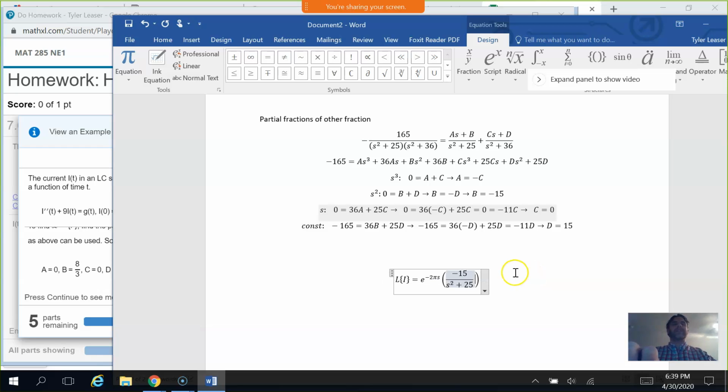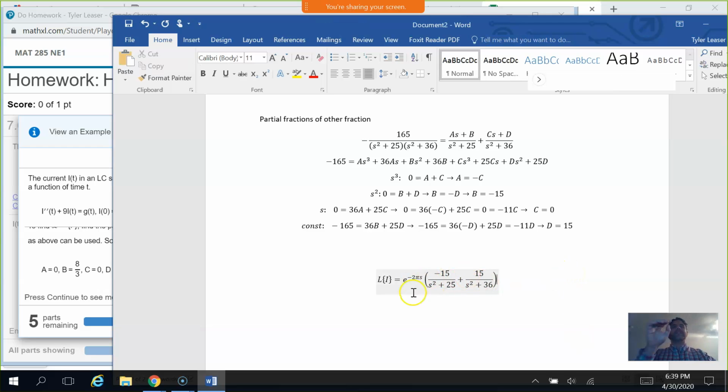This was up above a little bit. That plus the Cs plus D, which is just going to be the D, positive 15, over the other one, s squared plus 36. Okay, so that was the first partial fraction decomposition, the one that had the e up top.